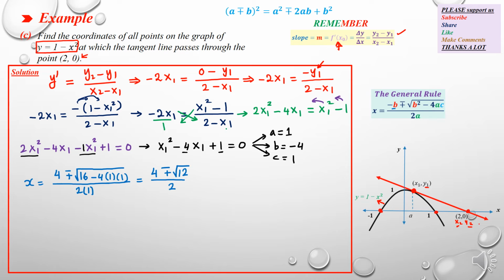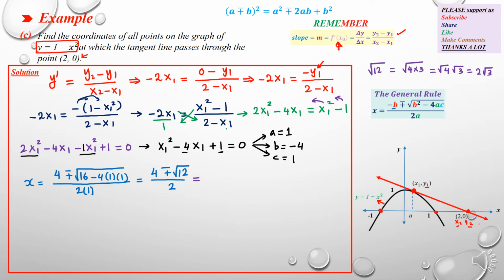Now, as you know, square root of 12, you have to simplify this root, and 12 equals 4 times 3. So we have square root of 4 times square root of 3, and this will give us 2 square root of 3.